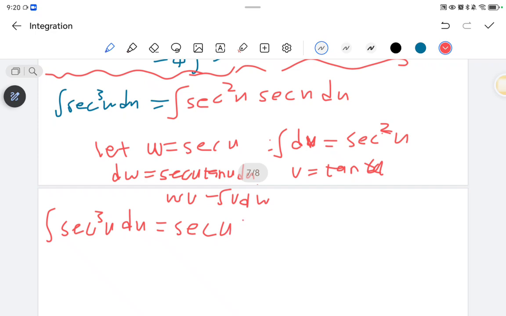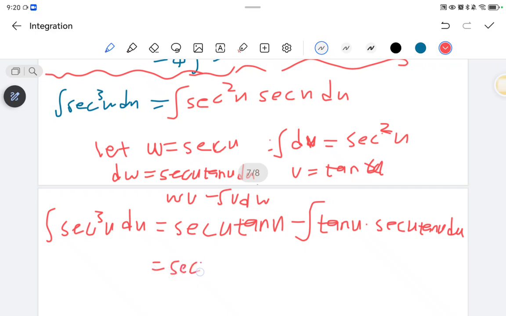Then v is tan u, minus the integral. Our v is tan u, and dw is sec u tan u du. You see, right? Then this will be equal to sec u tan u minus the integral of tan squared u sec u du.